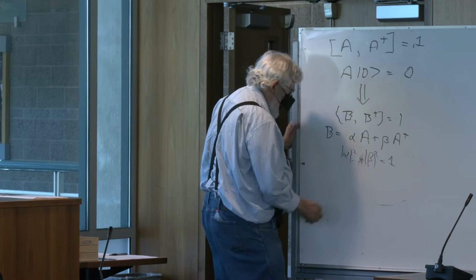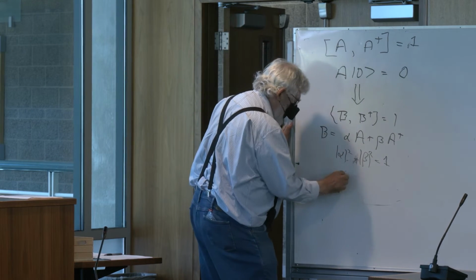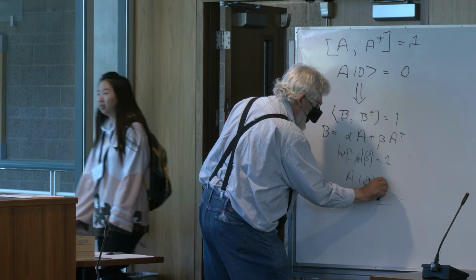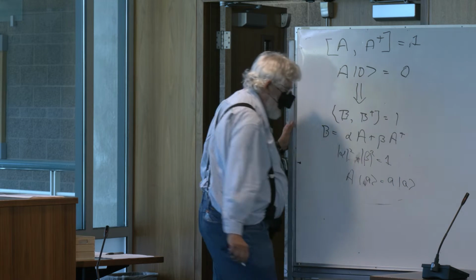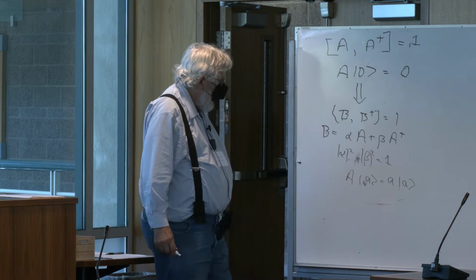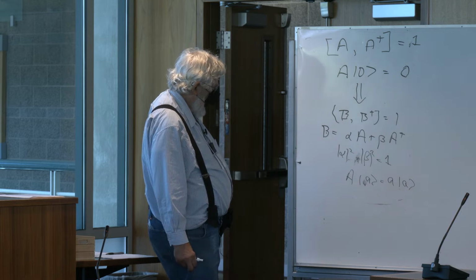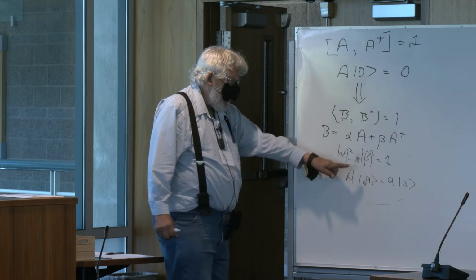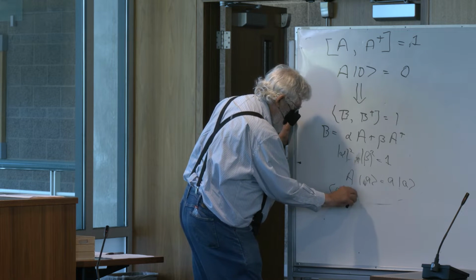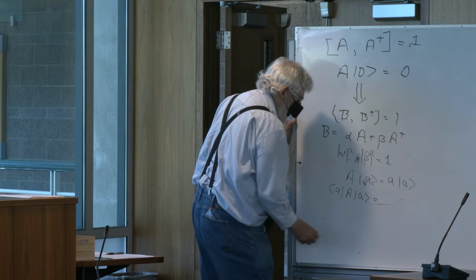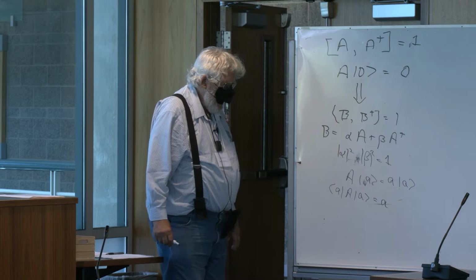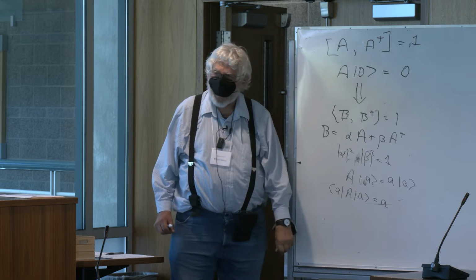Now, if my state started off as A times little a equals little a times A, then the expectation value of capital A with little a is equal to just little a. So this is the so-called coherent state.